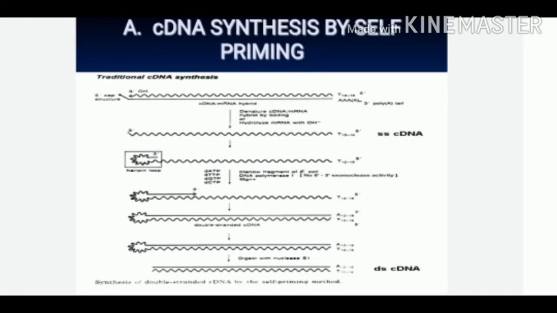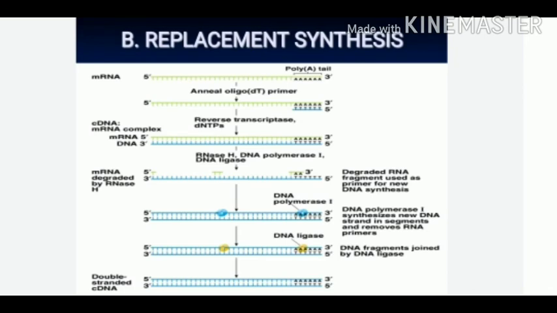The next method for the synthesis of second strand of cDNA is replacement synthesis. This method was given by Okayama and Berg in the year 1982.